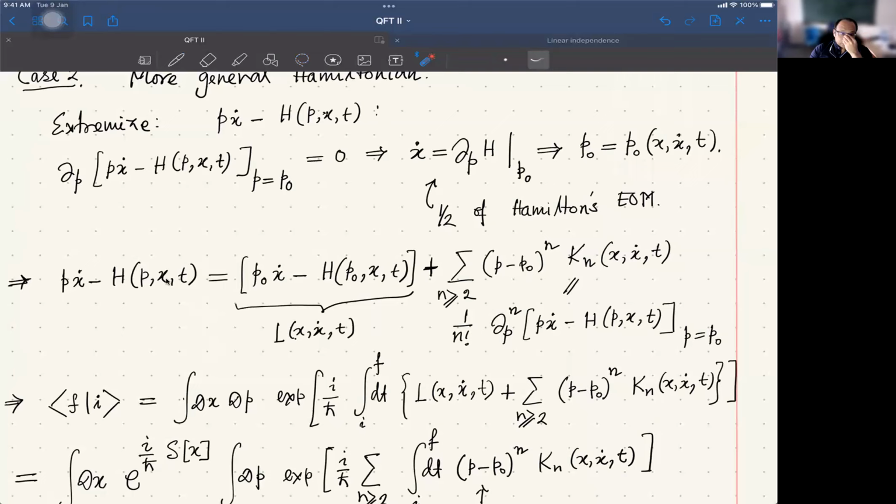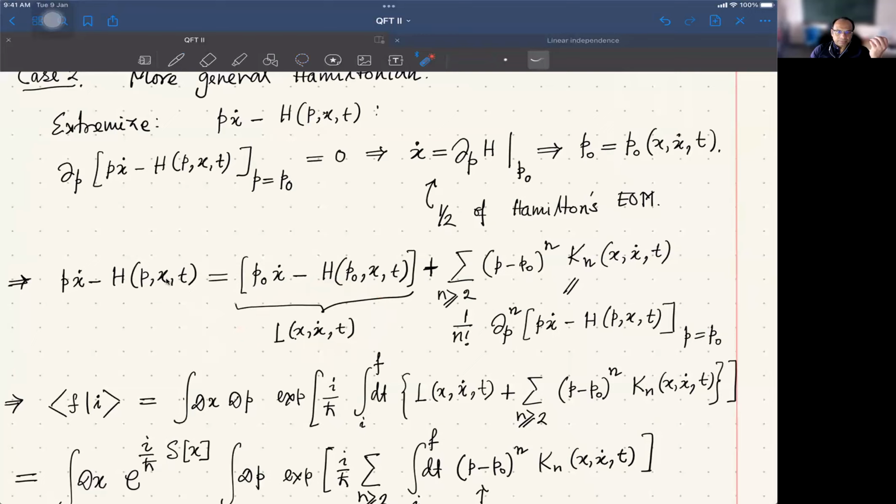Okay, so for small h bar, whatever the interpretation is, in classical mechanics there is the Legendre transformation that we do for going from Hamiltonian to Lagrangian. This is a quantum extension of that, because at the leading order, in the h bar going to zero limit, only this extremum value is going to survive, which is this Lagrangian.